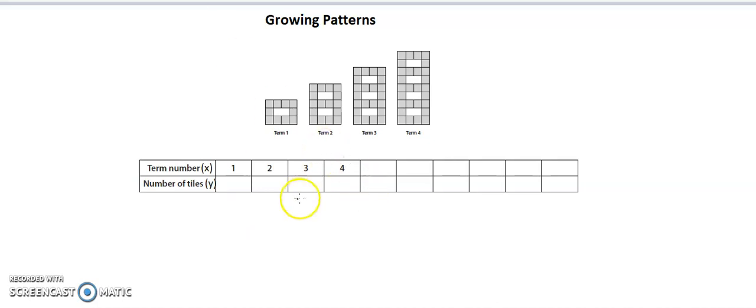So to start off, I'm just going to look at my term 1 and I've got 4, 8, 9, 10. So I have 10 tiles. Then I look at term 2 and I've got 4, 8, 12, 13, 14, 15, 16 tiles. Then I move on to term 3 and I've got 4, 8, 12, 16, 17, 18, 19, 20, 21, 22.